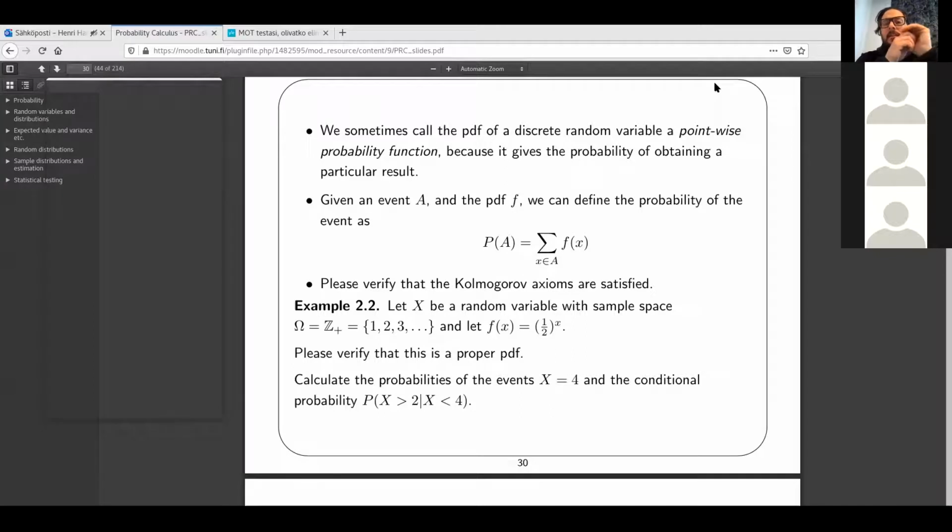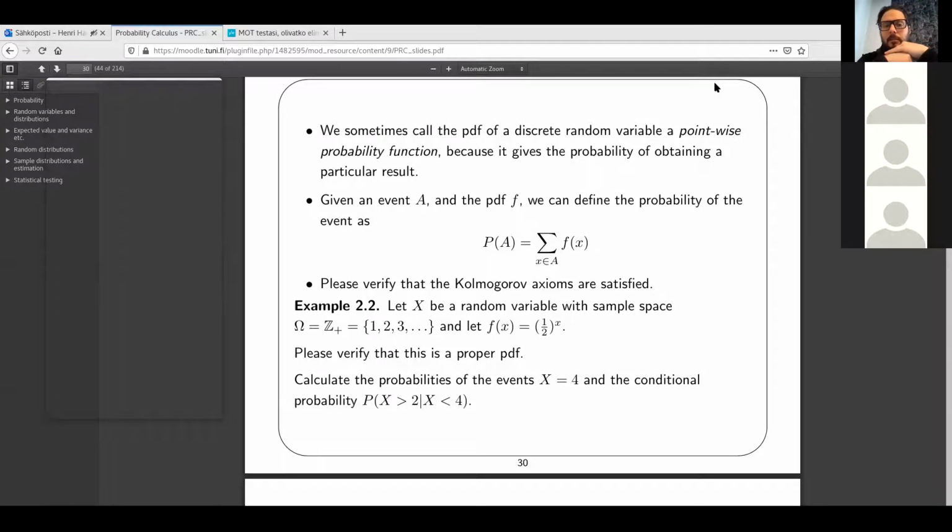And it's fairly easy. If we have an event A, then it's simply a subset of the sample space. Then we get the probability of A by adding the function's values for each point in A. So it's simply, add all the pointwise probabilities in the set A, and you get the probability of A.